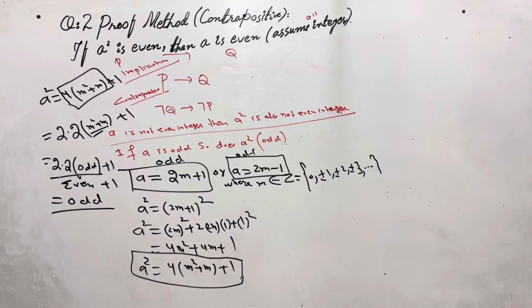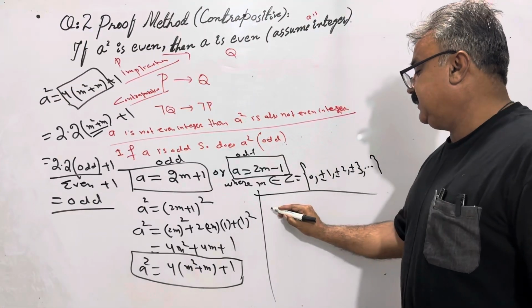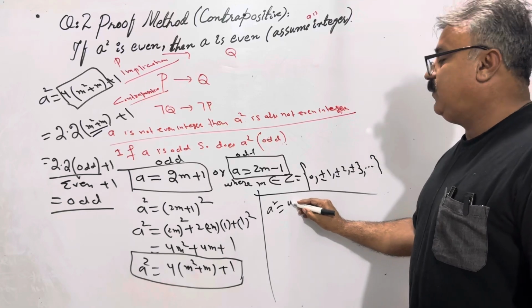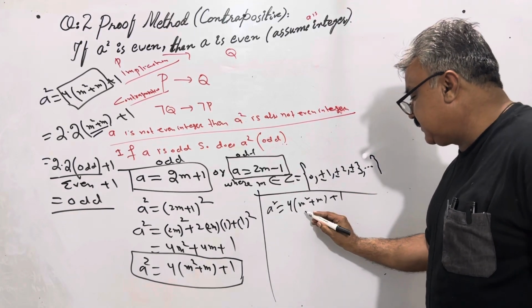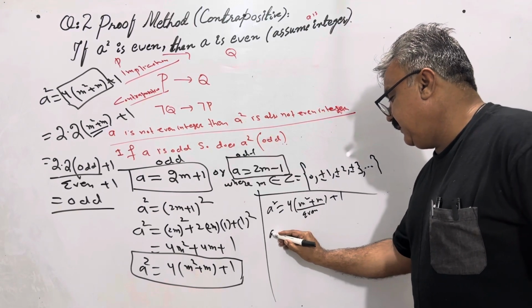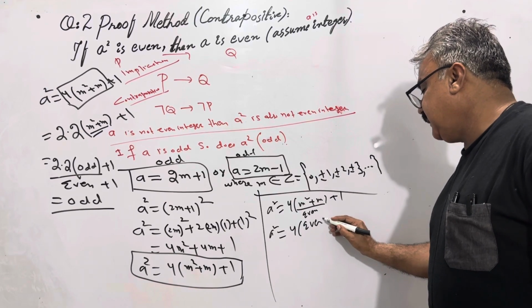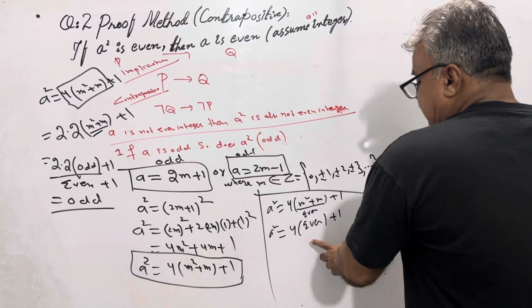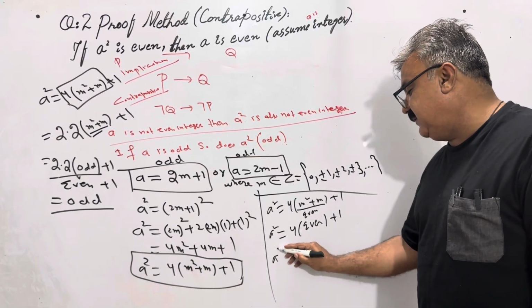Second possibility: a square is equal to 4 times (m square plus m) plus 1, where m square plus m is even. 4 times any even number is even, because even multiplied with even always gives us even.